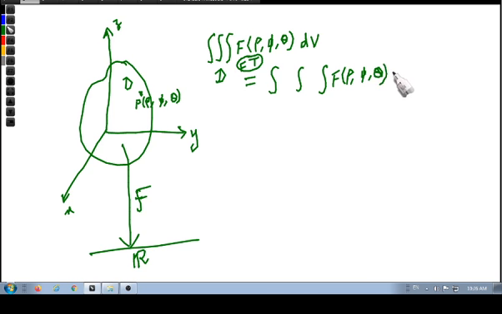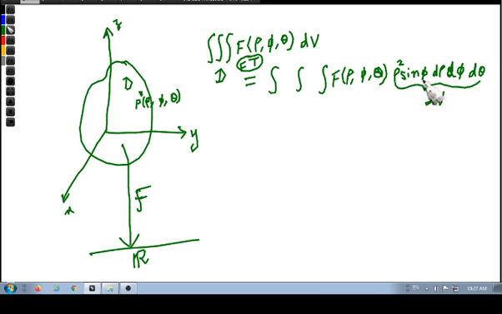Now what is dV? dV is actually dx dy dz in rectangular coordinates, but here in spherical coordinates it is rho square sine phi d rho d phi d theta. So dV is rho square sine phi d rho d phi d theta.